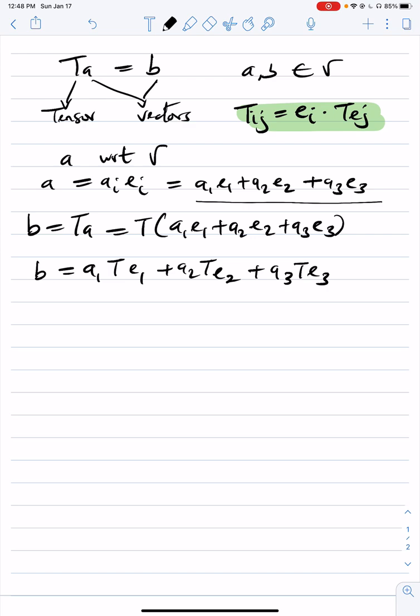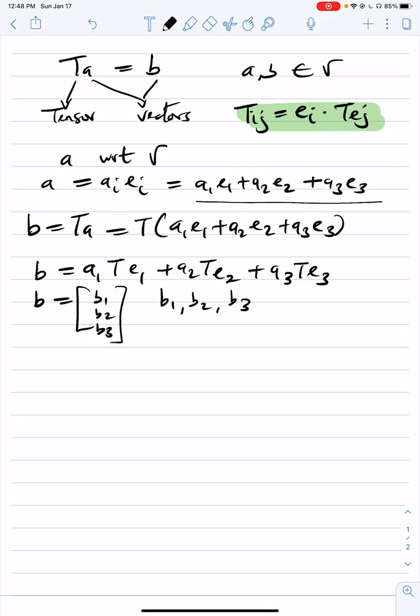Now let's look at things in a more practical way. This B is something like B1, B2, B3, right? So it has components B1, B2, and B3.